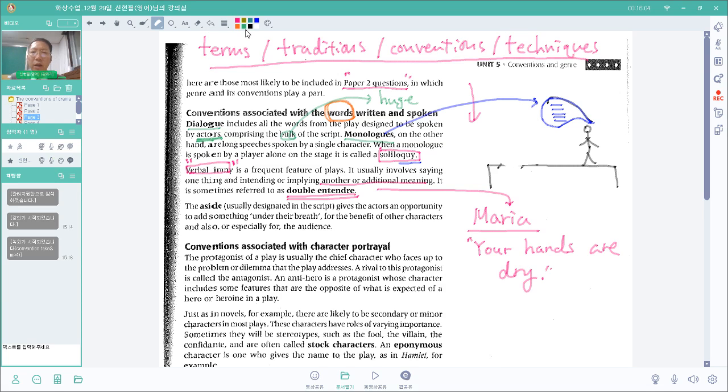And the aside, usually designated in the script, gives the actors an opportunity to add something under their breath for the benefit of other characters and also, or especially, for the audience. Many students ask me what "under the breath" means. Under the breath means speak silently.